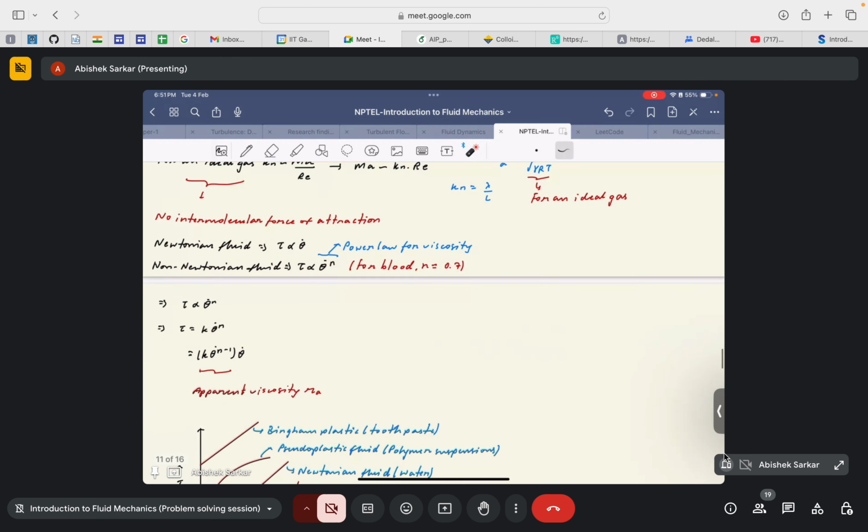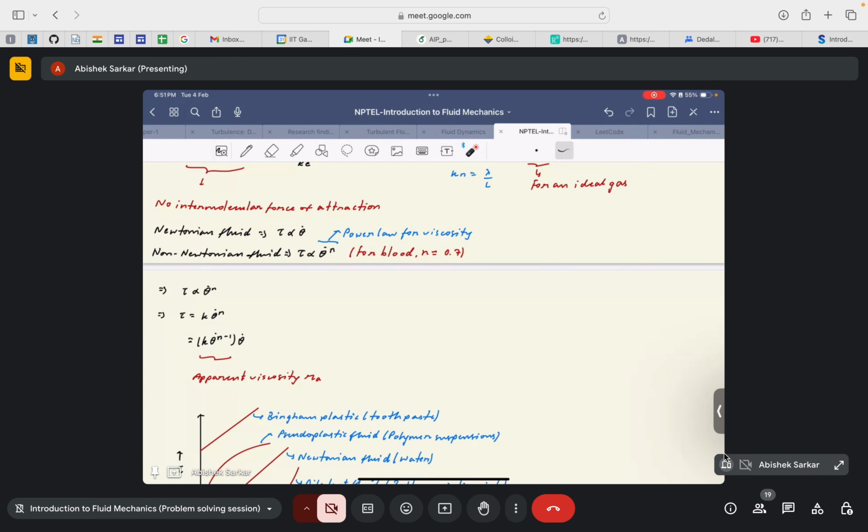Now for non-Newtonian fluids, Professor Chakraborty mentioned that the shear stress can be a function of some power of the shear strain rate, let us represent as theta dot to the power n, following some power law. So we can write tau is directly proportional to theta dot to the power n.